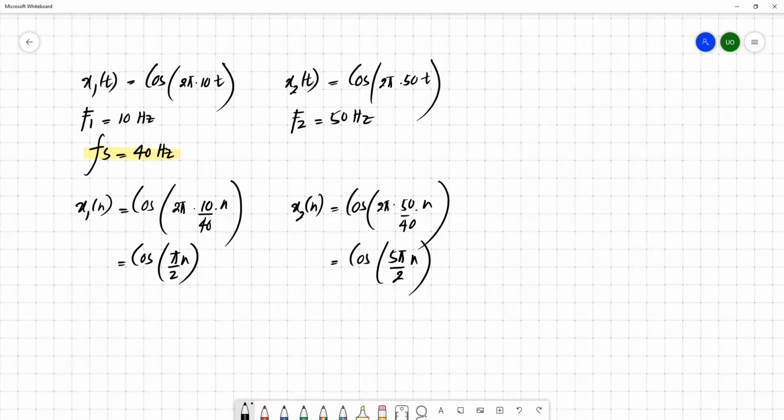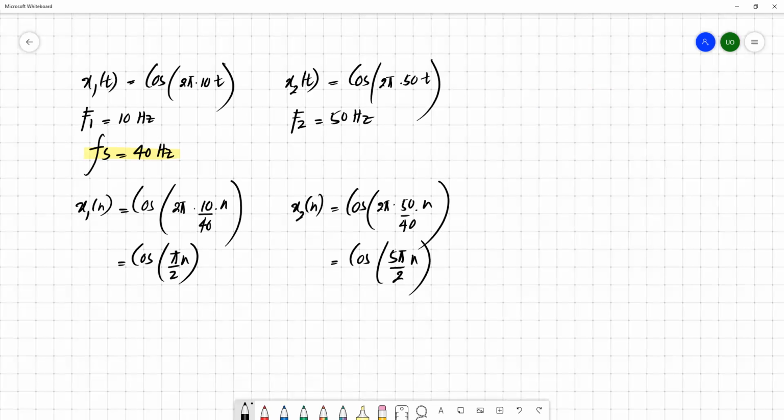Okay, so we have two signals x1(t) and x2(t), and they have two different frequencies in this continuous domain. We select the sampling frequency as 40 hertz and convert x1(t) and x2(t) to the discrete domain by applying t equals nTs, the same conventional transform, where Ts is 1 over fs.